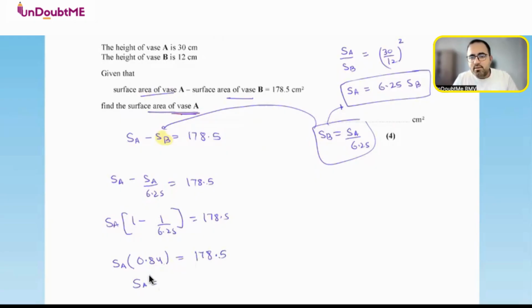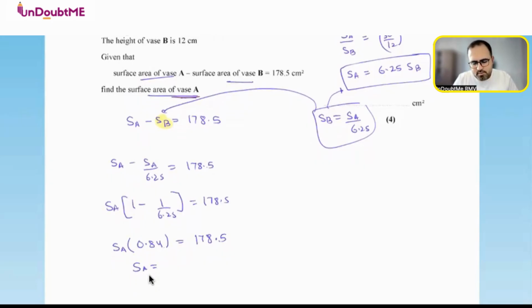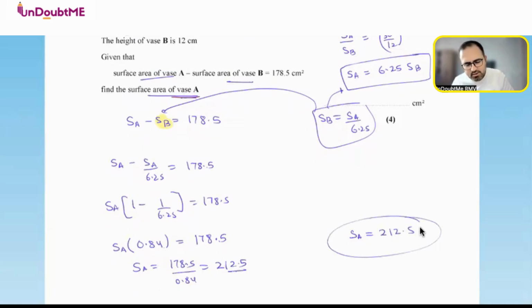Now we can divide both sides by 0.84. 178.5 divided by 0.84 is 212.5. Surface area of vase A was asked. That's why we'll just write this as the answer. If they would have asked us for B, we could have got that also. Okay, so I hope that the process is clear.